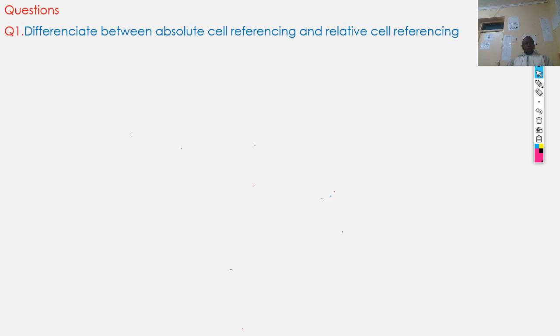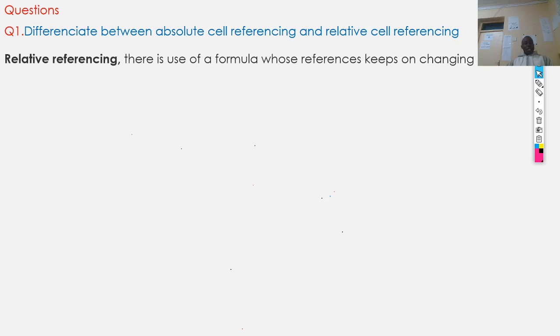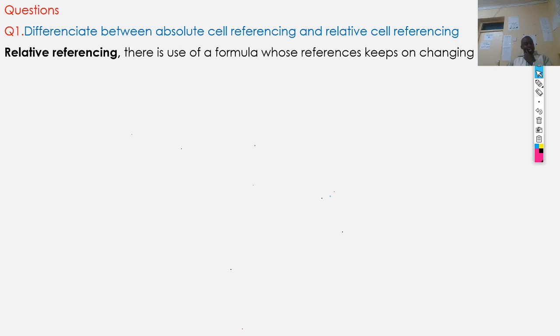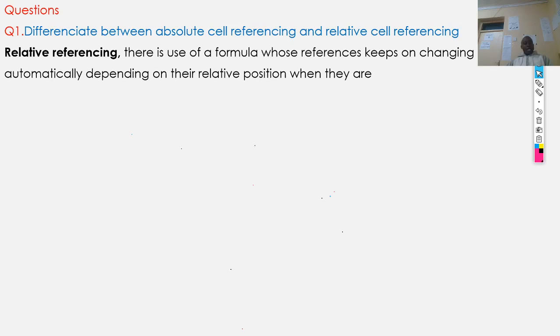Let's tackle now questions on this topic. Question number 1: differentiate between absolute cell referencing and relative cell referencing. In relative cell referencing, there is use of a formula whose reference keeps on changing automatically depending on their relative position when they are copied from one cell to another.